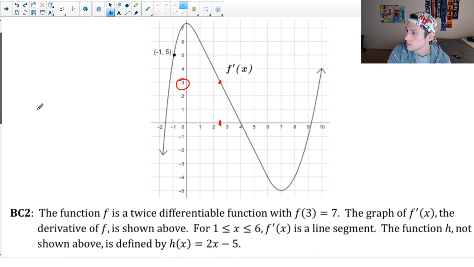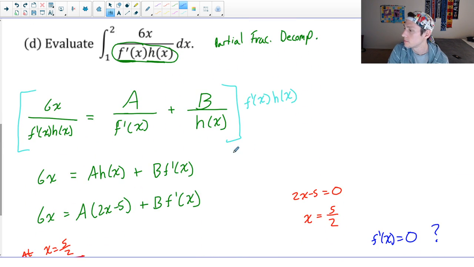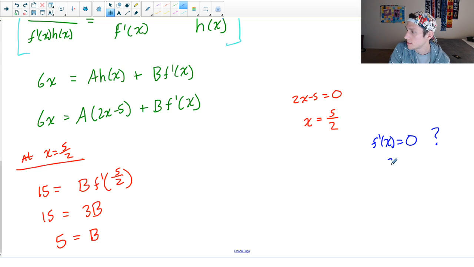We have f prime 0 right here, right here, and right here. It doesn't matter. I'm going to choose 4. Why am I going to choose 4? Because I don't know what these other values are. These are some sort of decimal or fraction that I don't feel confident saying it's most definitely 9.178. I don't know. But this is exactly at 4, so I'm going to use 4.